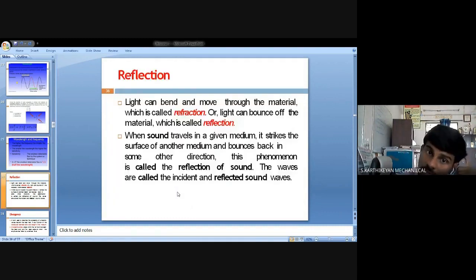Reflection. Light can bend and move through the material, which is called refraction, or light can bounce off the material, which is called reflection.